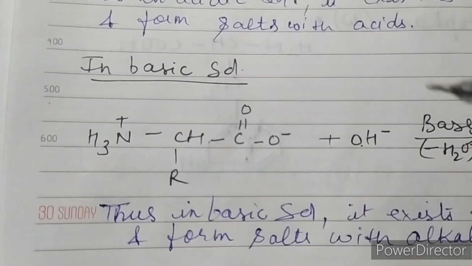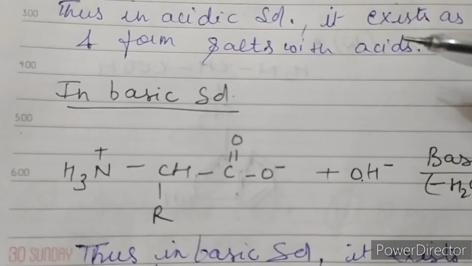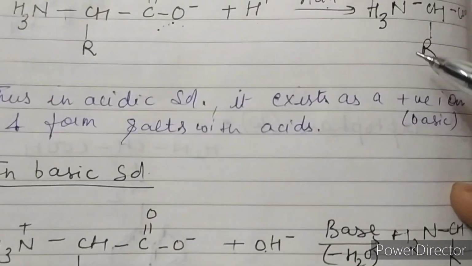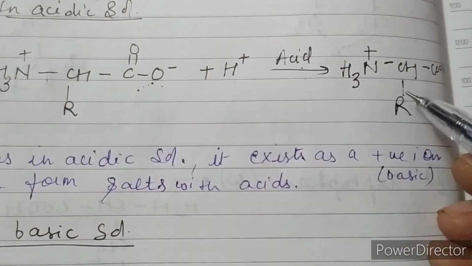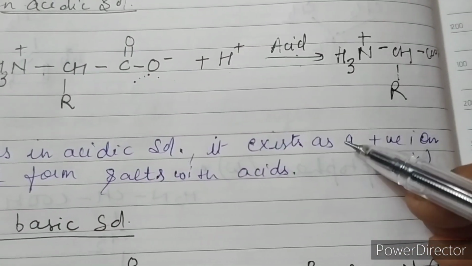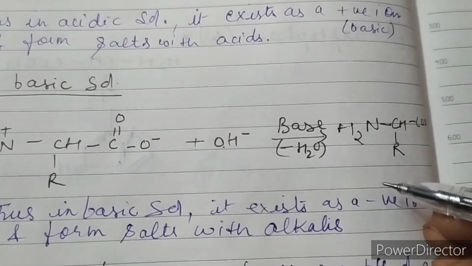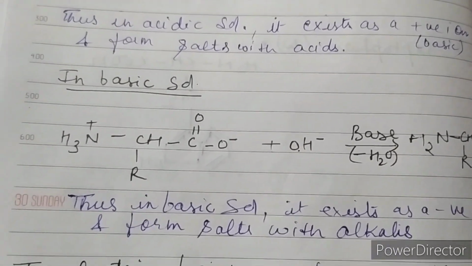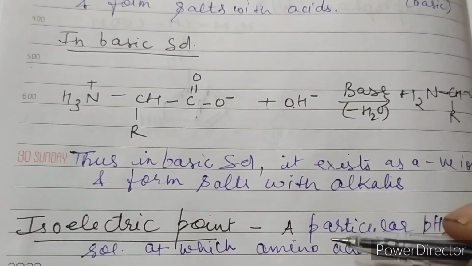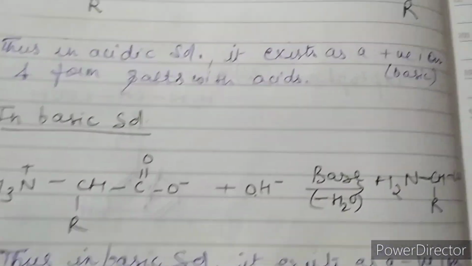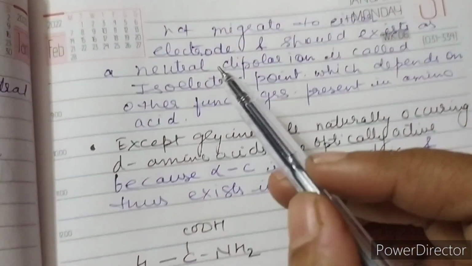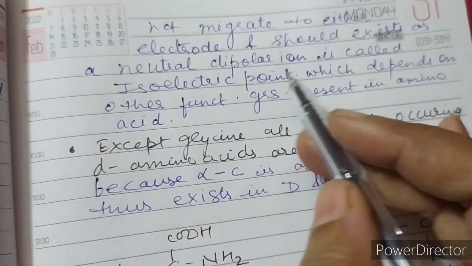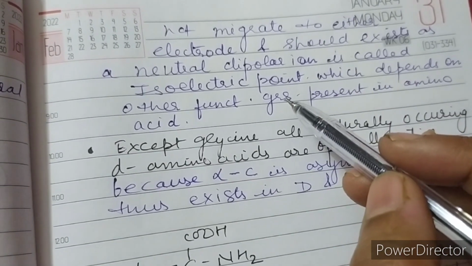If you pass electric current through this solution, you can see in acidic solution positive ion is formed, so it will migrate towards cathode, and in basic solution an anion is formed, so it migrates towards anode. But at a particular pH the amino acid does not migrate to any of the electrodes and exists as a neutral dipolar ion; this is called the isoelectronic point.